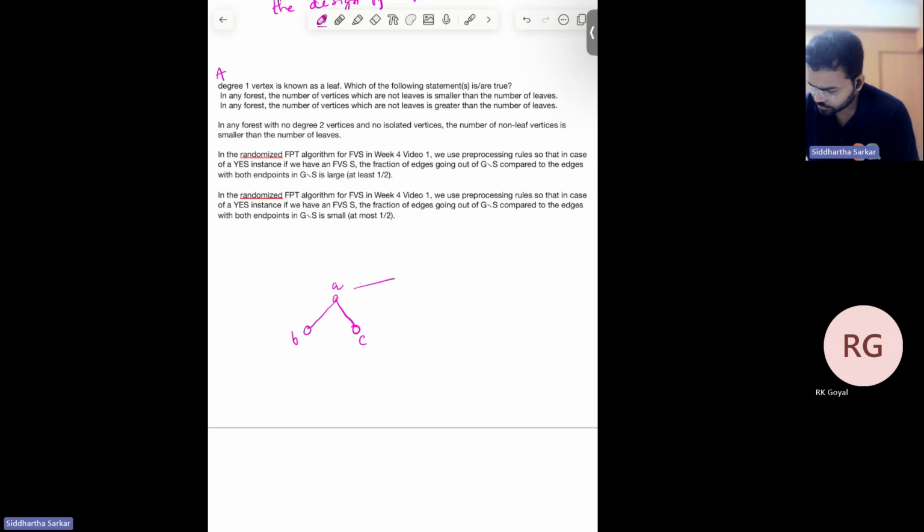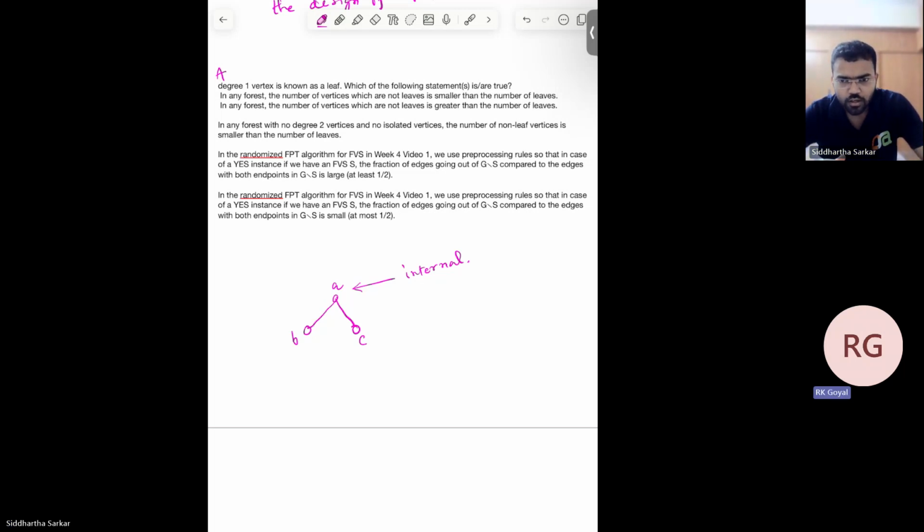This is internal. Okay. So the statement is the number of vertices which are not leaves is smaller than the number of leaves. So what are you going for? You're going for true or false?